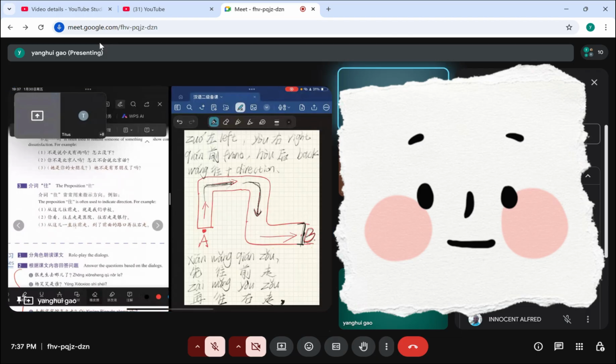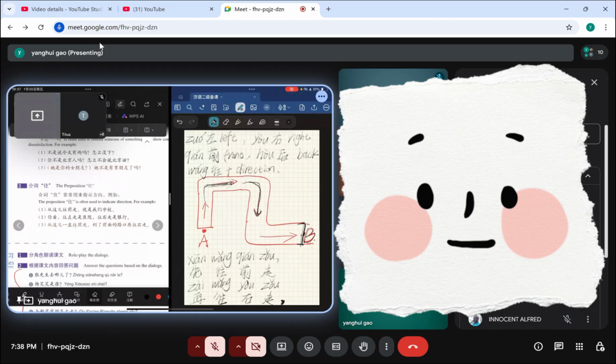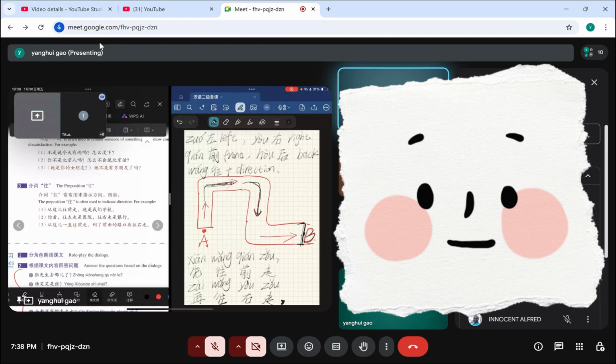Madam, the third arrow, is it not reversing? What? Can you say it again? I didn't hear clearly. Yes, I'm saying the third arrow.